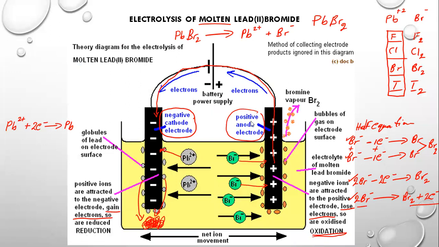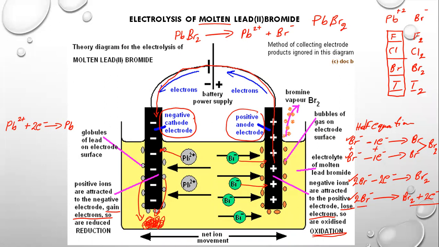Bromine molecules are produced at the anode. You can see surrounding the anode, you've got bromine molecules being formed. These are bubbles of gas on the electrode surface.